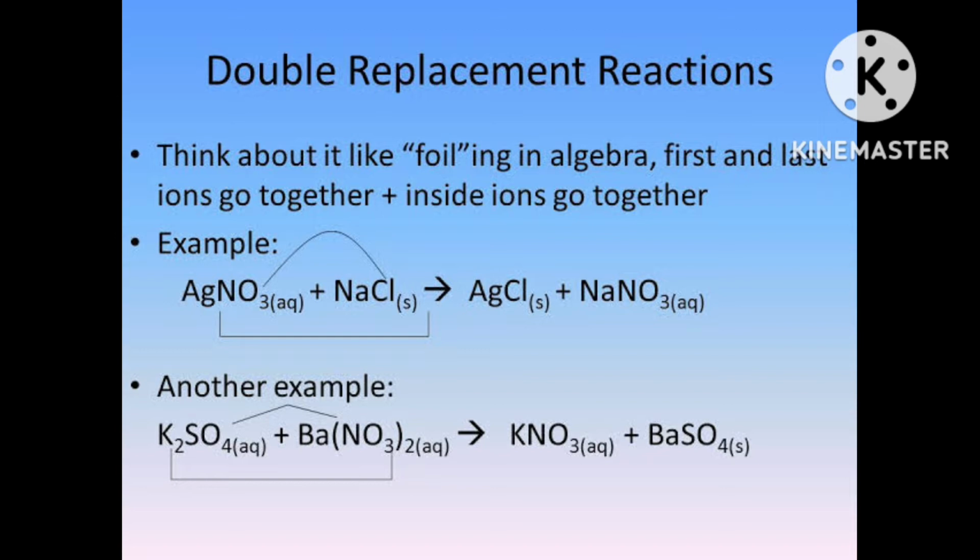When both react, 2 sodium plus 2 H2O will form 2 NaOH, sodium hydroxide, plus hydrogen gas. Hydrogen gas oxidation number will be 0 because it is in gaseous state. And in NaOH, Na is plus 1, oxygen minus 2, hydrogen plus 1.